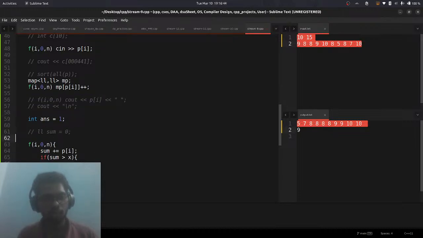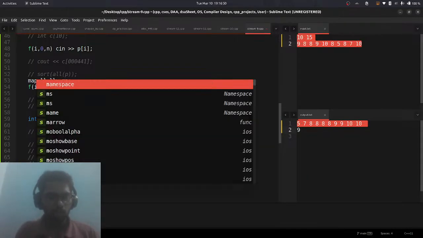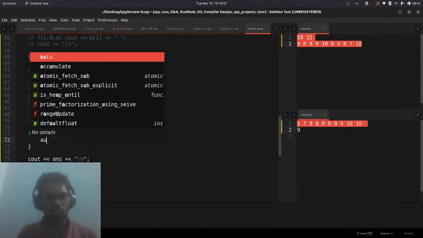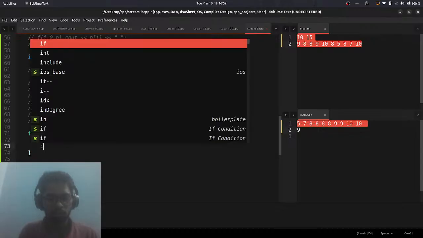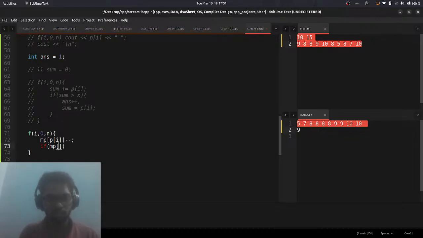So first I will remove the current number from the map.